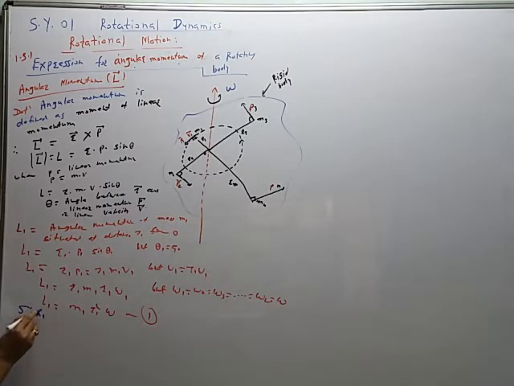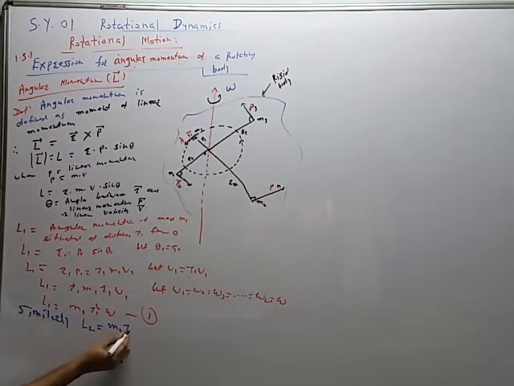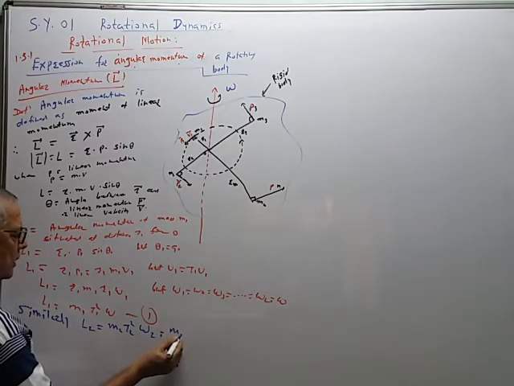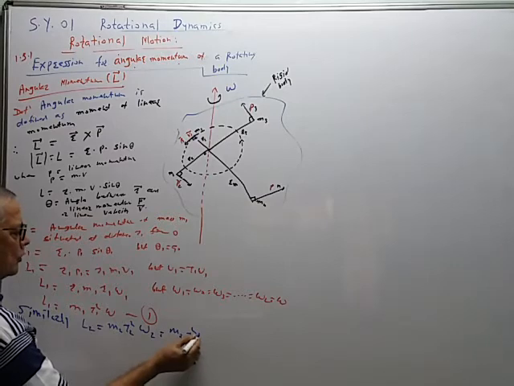Similarly, the angular momentum of the second particle is given by m2 r2 square omega 2, but omega 2 is equal to omega, so m2 r2 square omega.